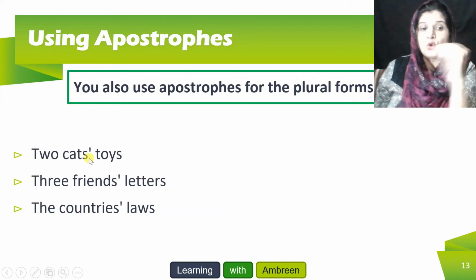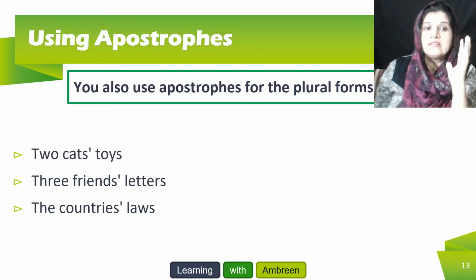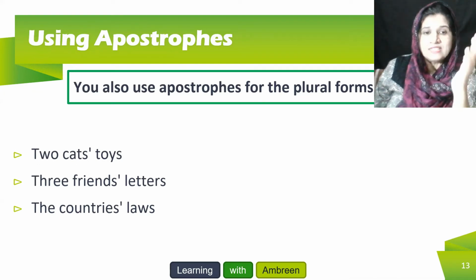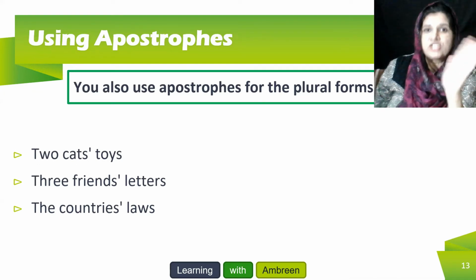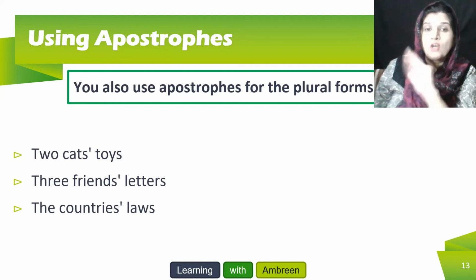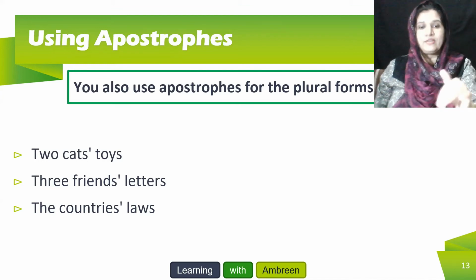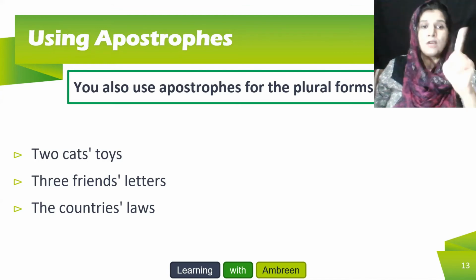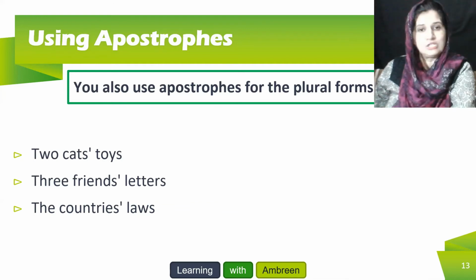Same is the case for all those words which are ending with s. Like for example, Haris. Haris is already ending with S. So in that case, in order to show the possession of Haris, you will not say Haris apostrophe S. No, you will only add apostrophe. So all those words which by default end with S, you will add only apostrophe there to show their possession. Let's move.